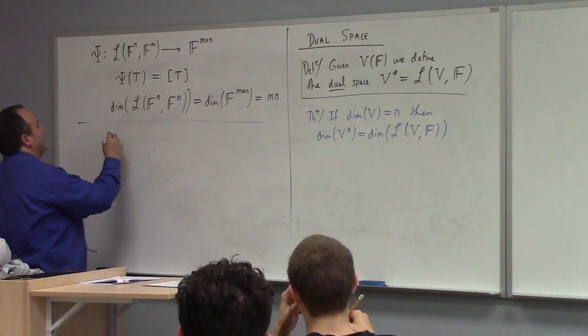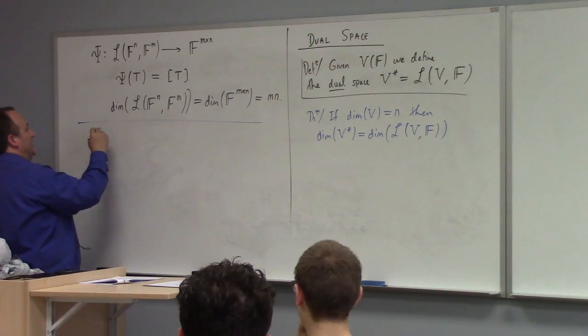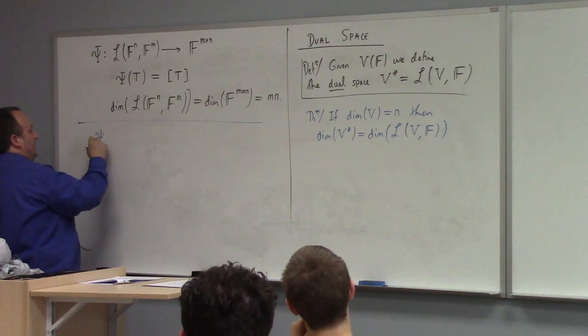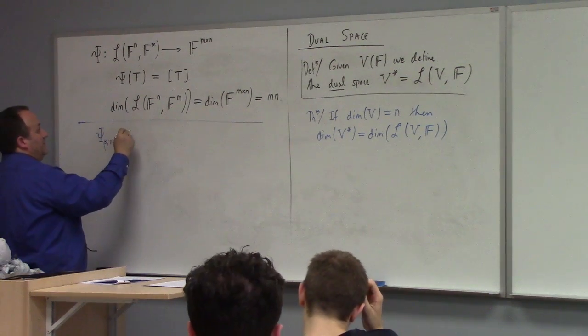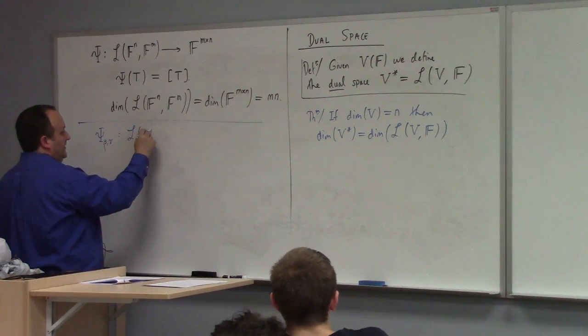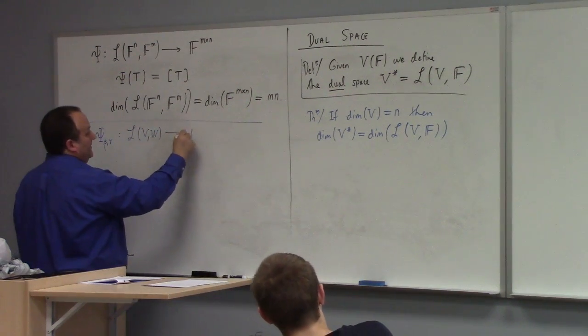You could also make an isomorphism, right? Let's say psi beta gamma, a mapping from the linear transformations from V to W to F^(m by n).